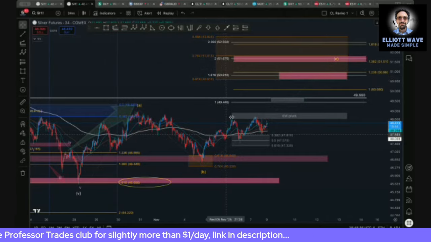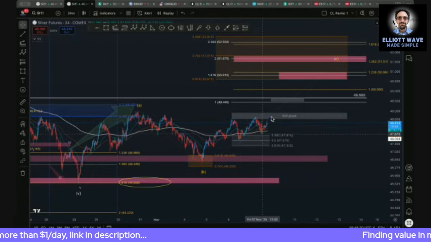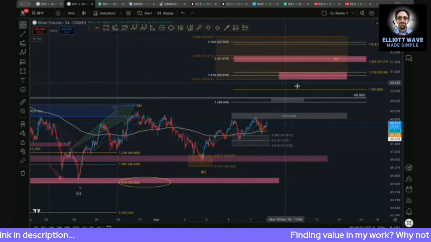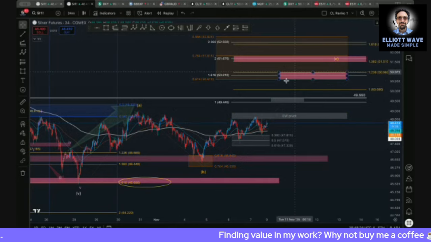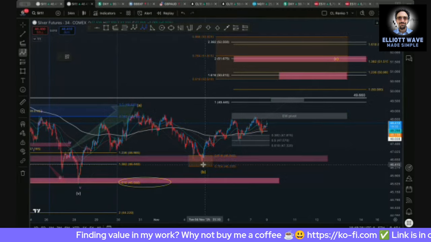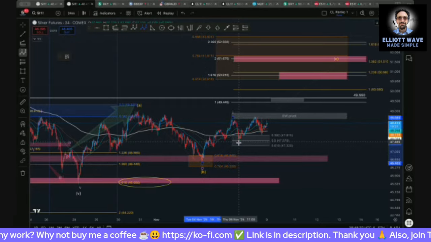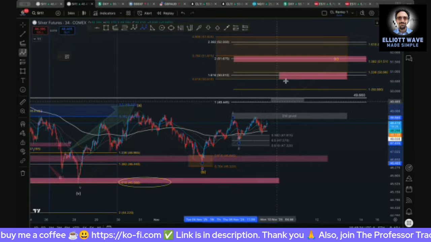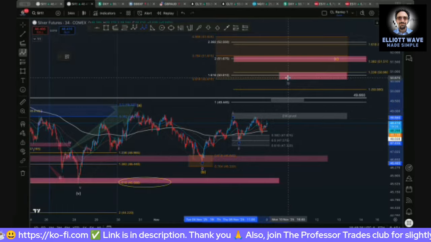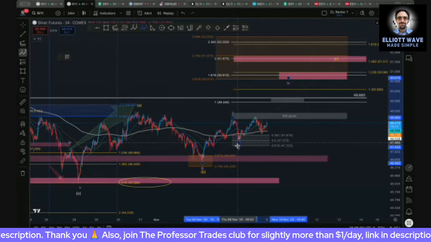So if this is really a 1-2, and now this is another 1-2 of wave 3, it would be very reasonable, let me put the labels on here so you can see it, for wave 3 to make it up into this area. Oh, I must have double clicked somewhere and put the 3 down here.